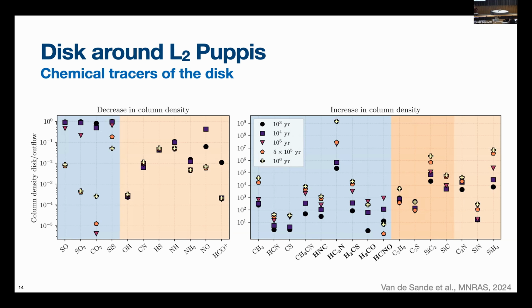So maybe this is a naive question, but L2 Puppis is a very well-known semi-regular variable as well, right? Is there any way that pulsations would play into this disk, or do you think you would need to include that, and what maybe would change if you did? I don't go into why the disk is there.